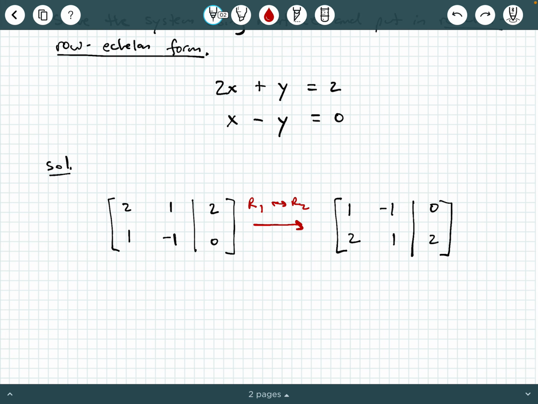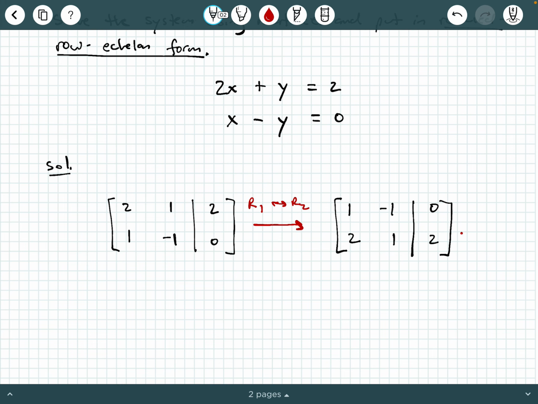Well, we need to somehow create a cancellation of this 2. You got to ask yourself, how do I get the left part of this matrix into the form where the main diagonal is all 1s and everything else is 0? So we want to create a cancellation in this lower triangle.